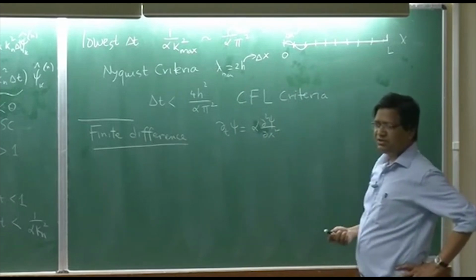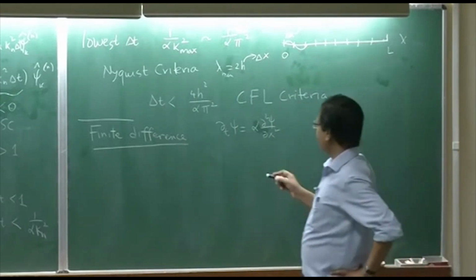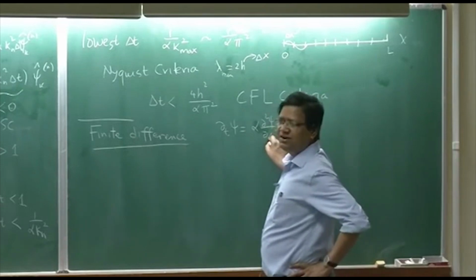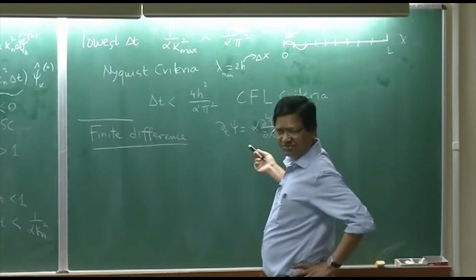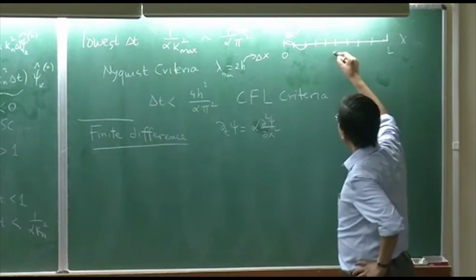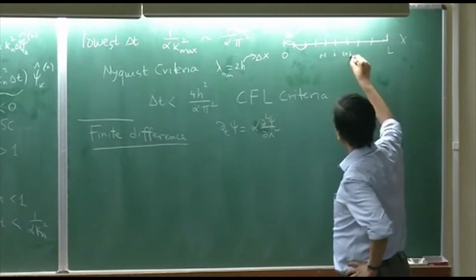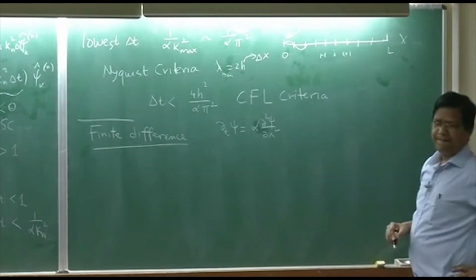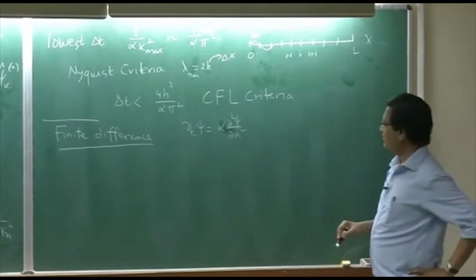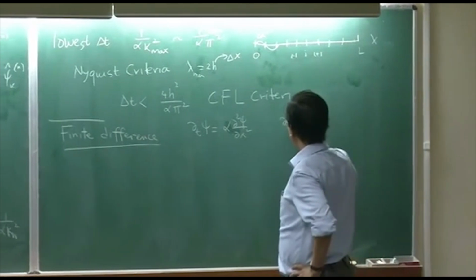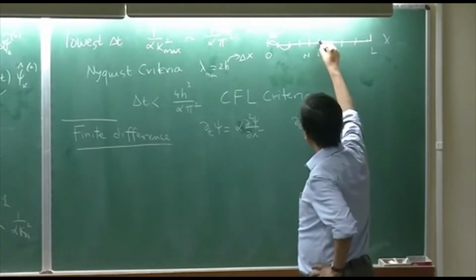The simplest scheme is, I will do this by central difference scheme for the double derivative. I will label the points i minus 1, i plus 1. So the partial derivative at point i, this point, psi i.